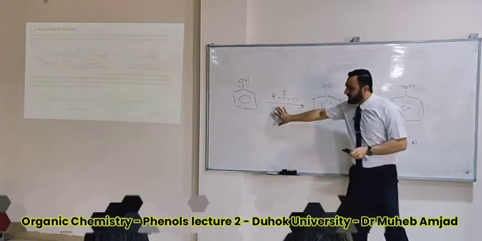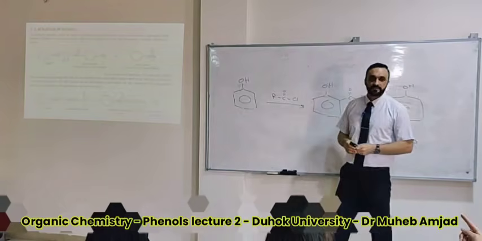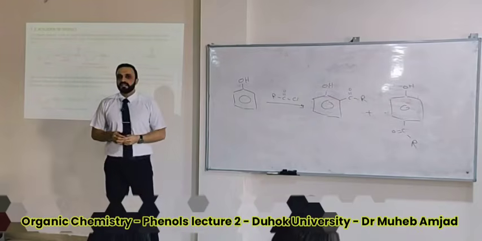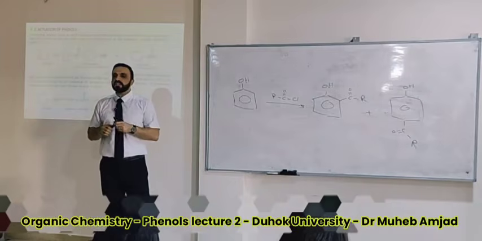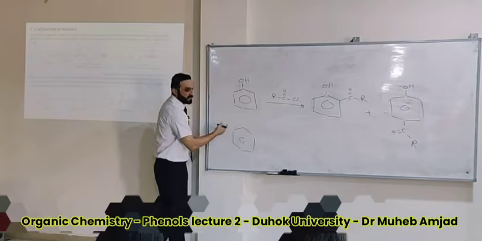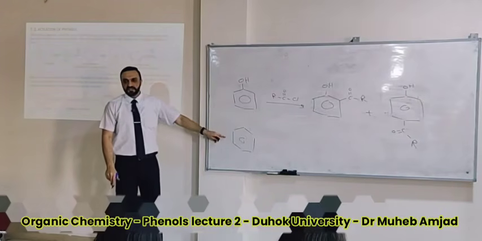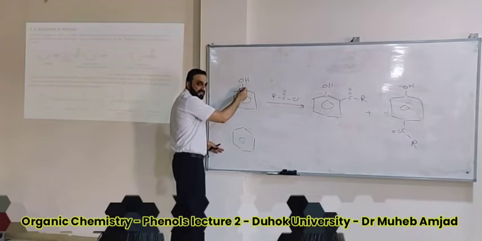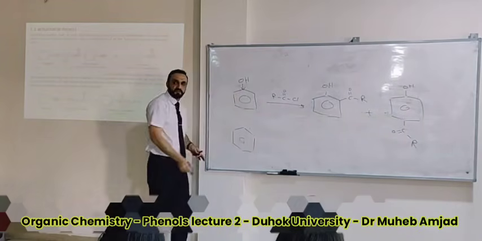So, first thing, you don't need catalyst. Okay, you have to stop here. Why don't we need catalyst? Because one is more reactive than the other. Benzene or phenol? Phenol is more reactive than benzene. Why? Because the OH group is a donating group, increasing the electron density over the carbons of the benzene ring.